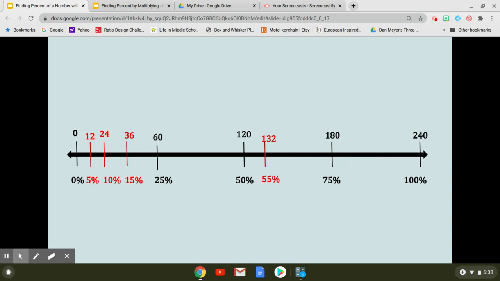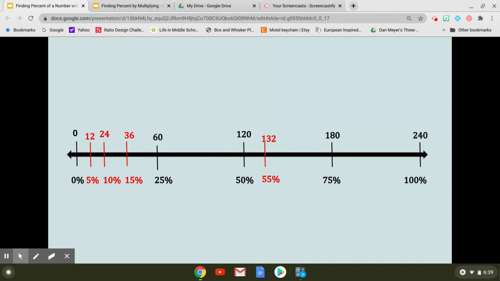Might then want to start out by putting 50% on there, since I know that 240 divided into two 50% parts would be 120 in each part. As you can see, I've marked 50% on my line. I then went and divided my two 50% sections in half, showing 25%, which is 60, and 75%, which is 180.